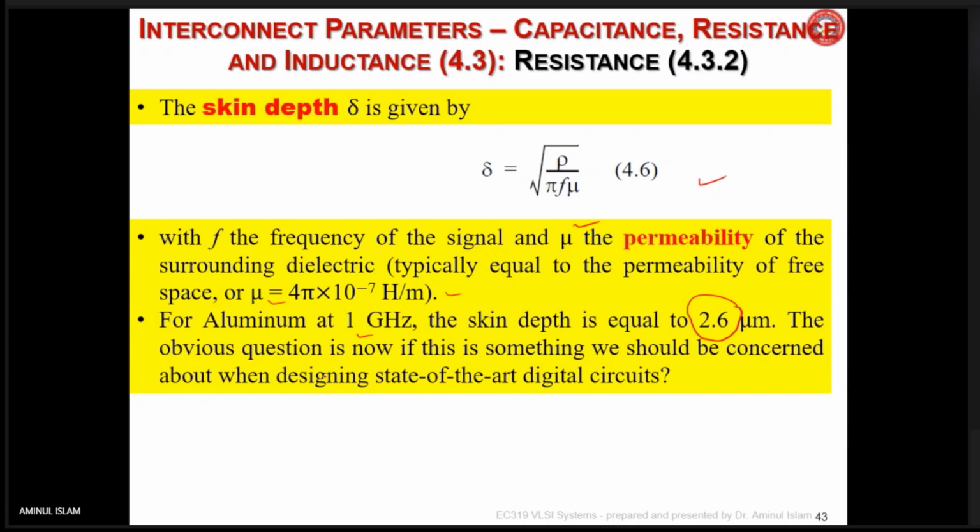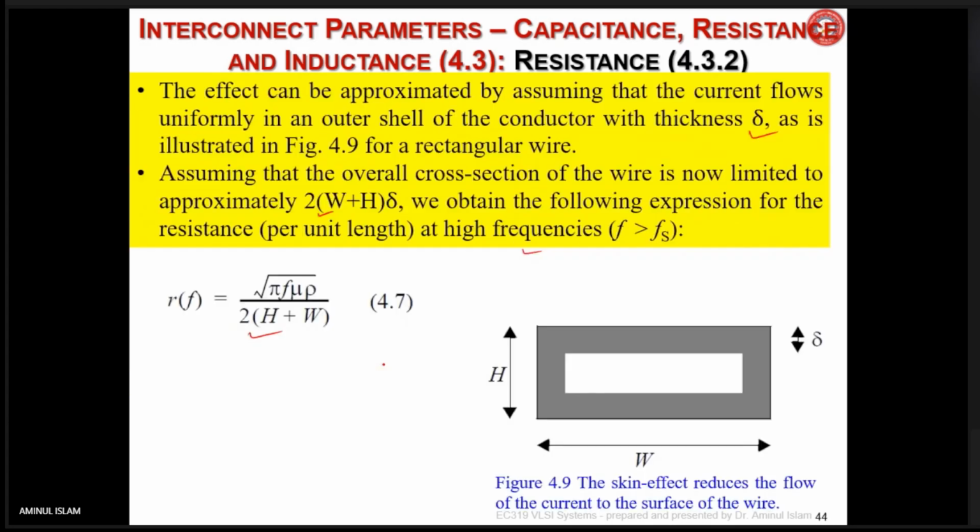The obvious question now is if this is something we should be concerned about when designing state-of-the-art digital circuits. So whether to be considered or not, that is a question. In case of a rectangular wire, in an integrated circuit it will be rectangular only, a sheet of metal line, an aluminum line also.